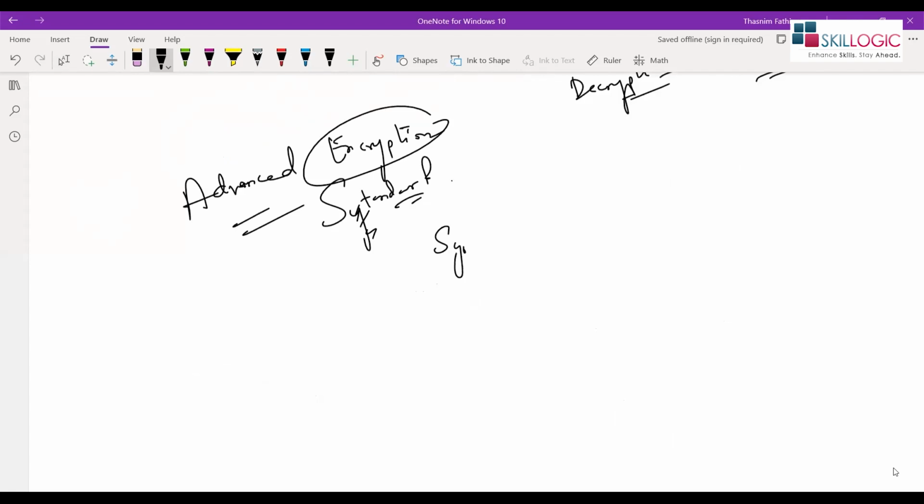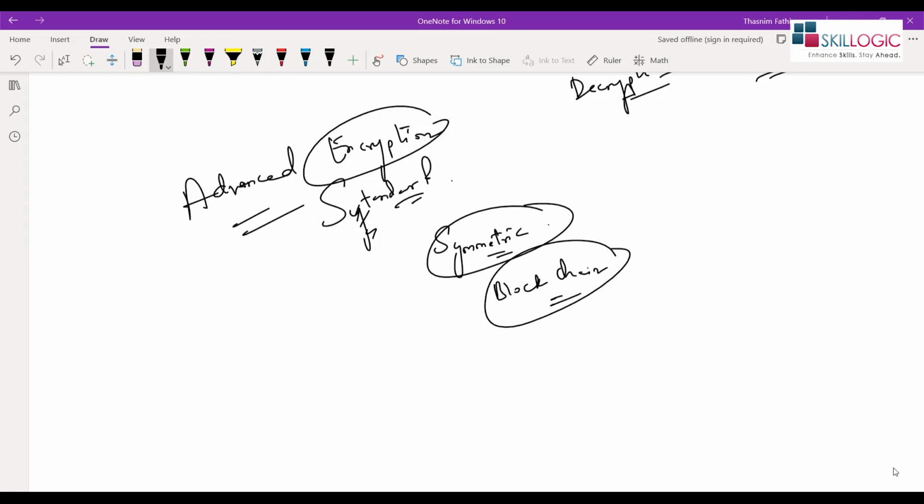It's a symmetric cryptographic standard, a symmetric block cipher. It was chosen by the US government to protect their classified information. Previously they were using DES. After that, we got 2DES, thereafter 3DES, and finally, today we are using AES.